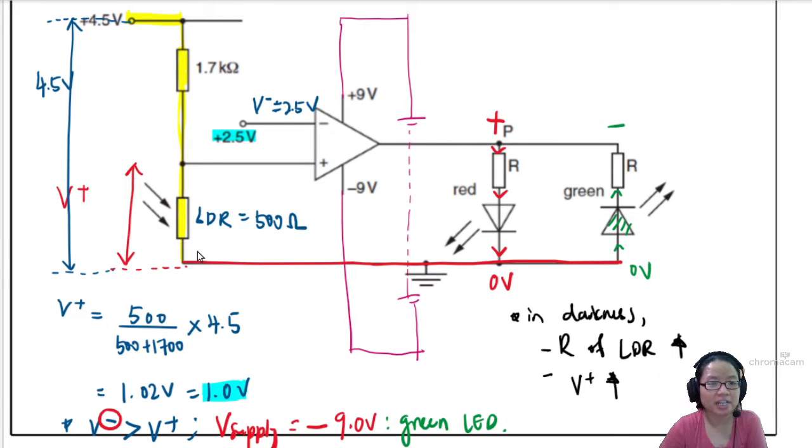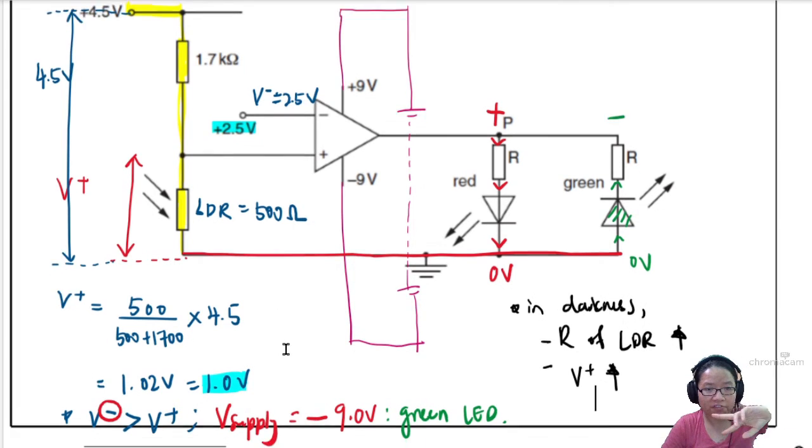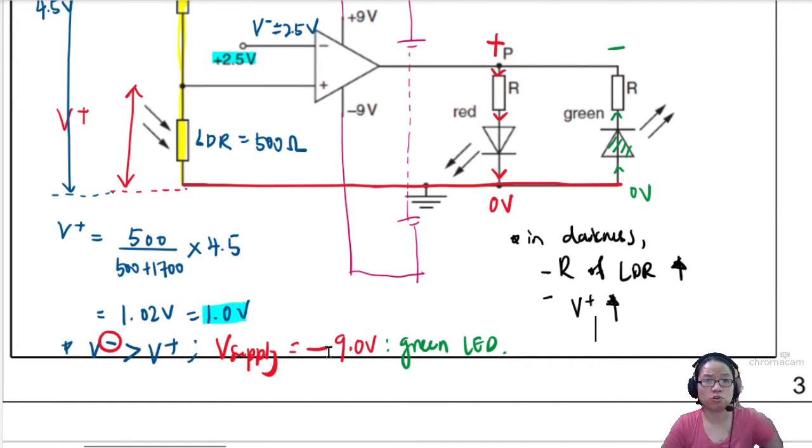Oh, now can fight liao. Just now V plus was 1 volt, cannot win the V minus 2.5 volt. But now V plus is going to increase. When V plus increases until it is larger than 2.5 volt, which is your V minus, the output will flip from negative to positive.